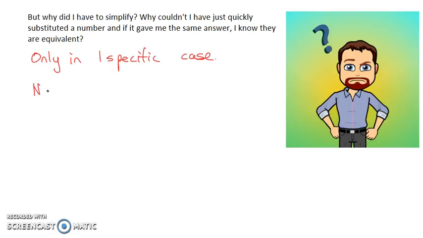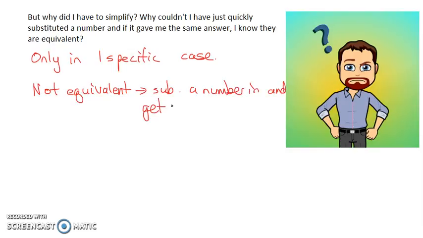If you're trying to show that they are not equivalent, then if you substitute a number in and you get two different answers, then you know that's true, that they're not equivalent.